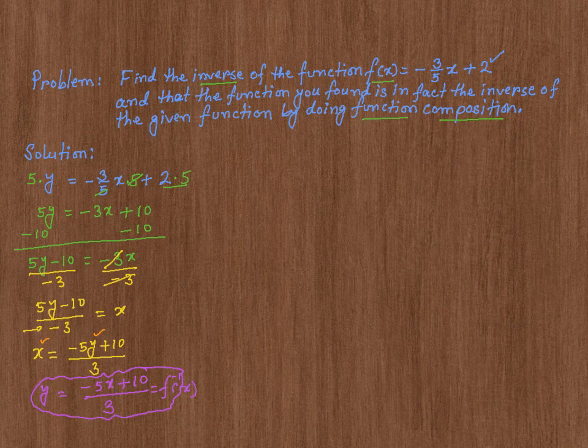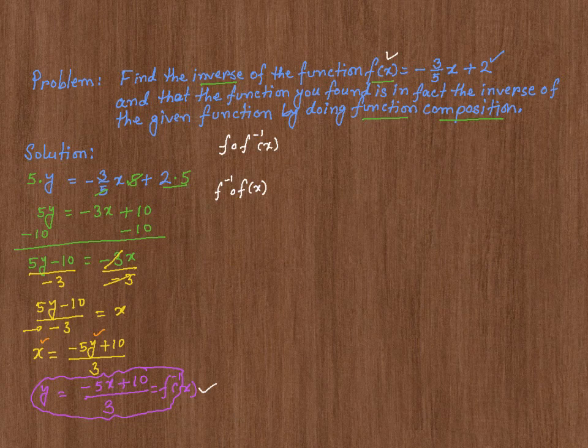Now, how do I show that the function I got, f inverse of x, is in fact the inverse of this given function? There is a standard way to show that, which involves finding the function composition. We need to find f composed with f inverse of x, and then we also need to find f inverse composed with f of x. We need to find function composition in both directions.